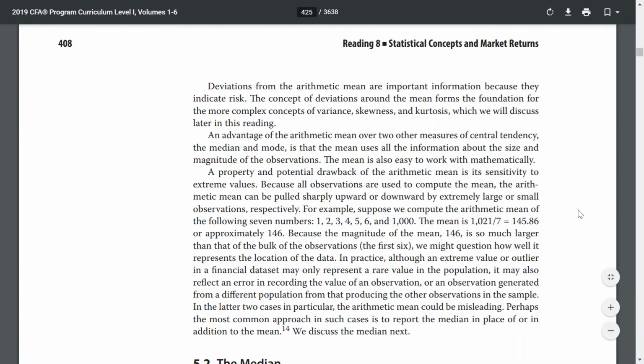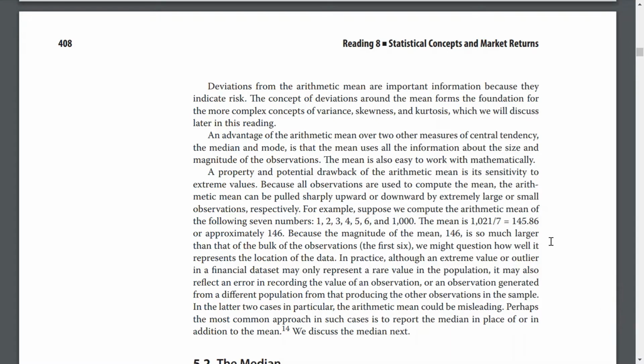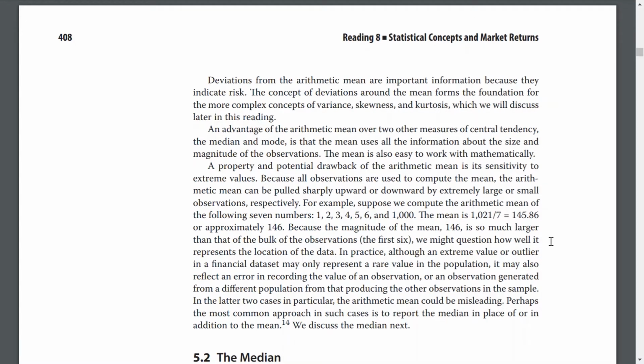An advantage of the arithmetic mean over the two other measures of central tendency, the median and mode, is that the mean uses all the information about the size of the magnitude of the observations. The mean is also easy to work with mathematically.